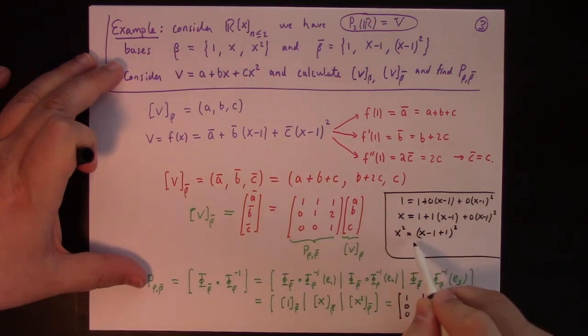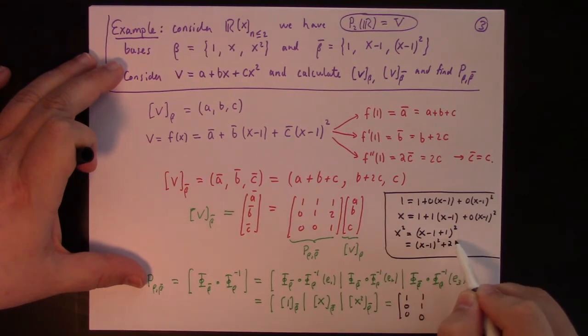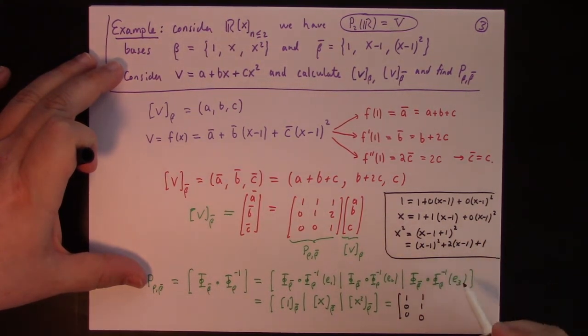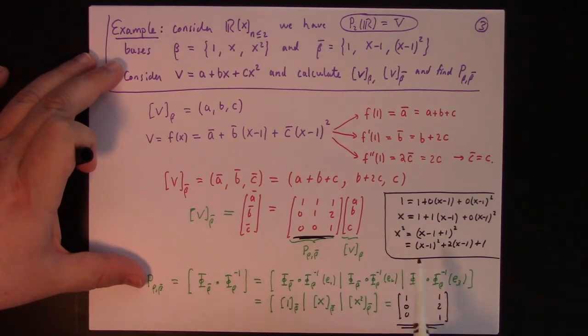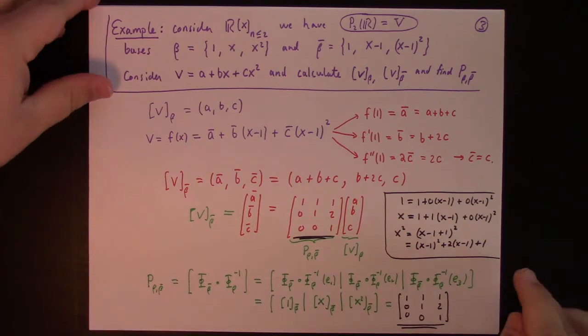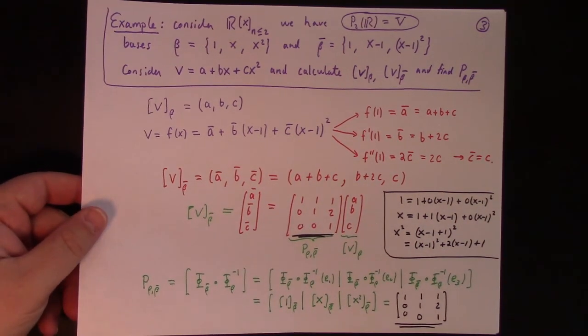A little bit of algebra: that's x minus 1 squared plus twice x minus 1 plus 1, but they're in the wrong order. So I get 1 copy of 1, 2 copies of x minus 1, and 1 copy of x minus 1 squared. That's why we had this as the change of basis matrix up there, just the same. So there's an abstract change of basis example. There's another one in the notes that you can look at.